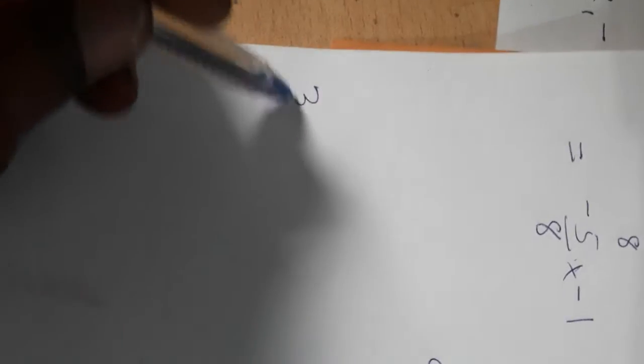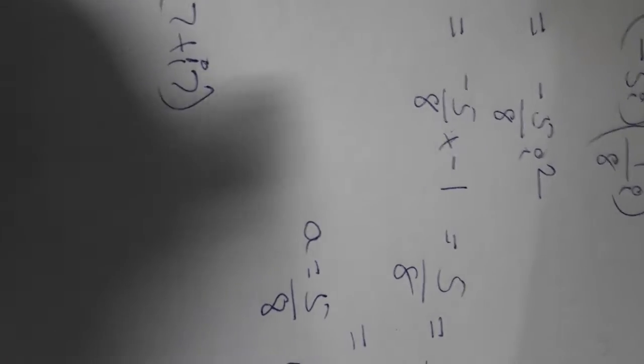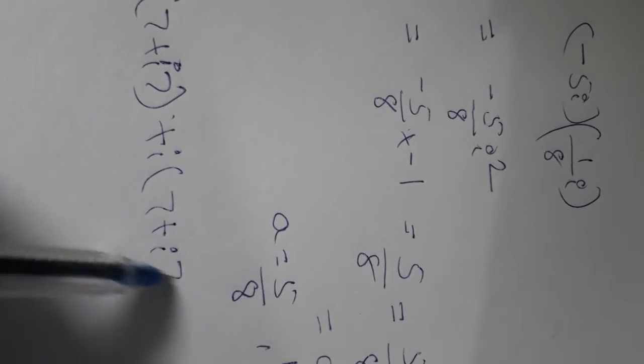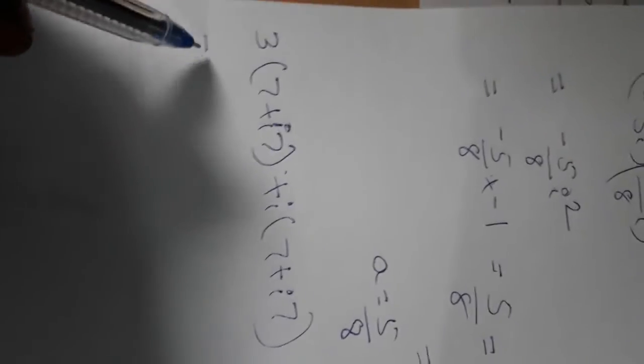3 into 7 plus i times 7. 3 plus i into 7 plus i times 7. So what is common here? Common here is 7 plus i times 7.